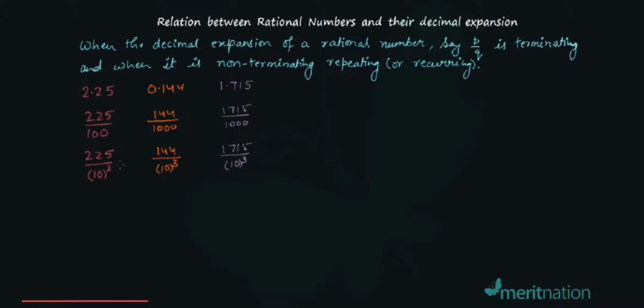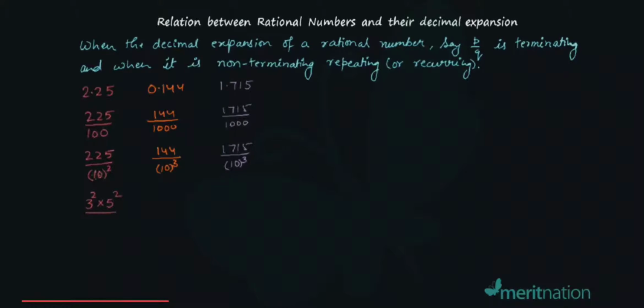Now over here, we have actually converted them into the form of p by q, but still there are a few common factors in the numerator and the denominator in each of them. So let's cancel out those common factors, for which let's prime factorize the numerator as well as the denominator. For the first one, 225, the prime factorization is 3 squared times 5 squared.